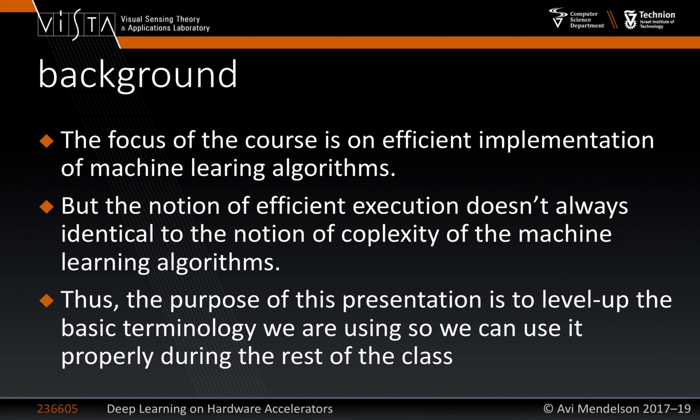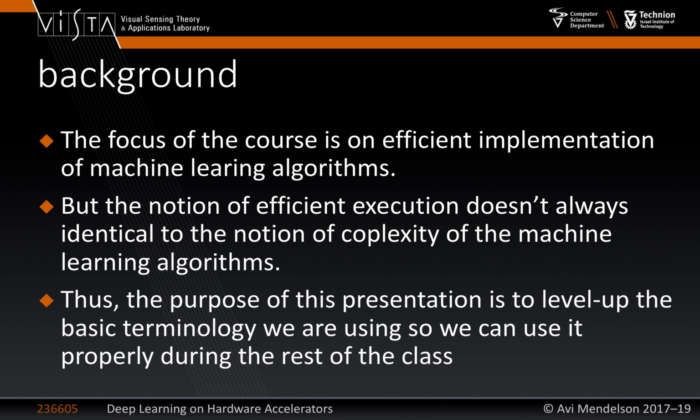So usually the focus of the course is on efficient implementation of machine learning, but the notion of efficient execution is not always identical to the notion of complexity, because in computer science, usually you have a course on complexity and you discuss the complexity of algorithms, and at some point students start, not only students, people start to confuse between efficiency and complexity, for example.